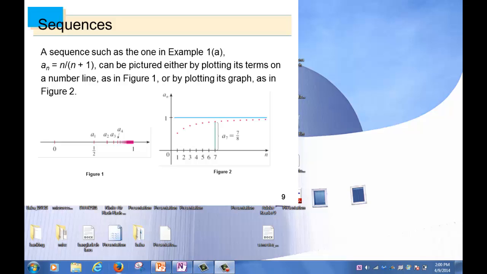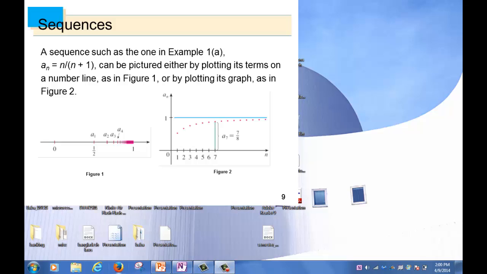And notice that from the two graphs, it seems like as n gets larger and larger, the terms of the sequence are getting closer and closer to 1. Okay? So in this case, we will say that the limit of this sequence is 1.